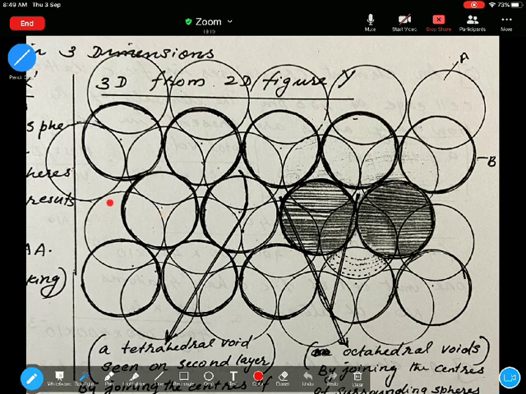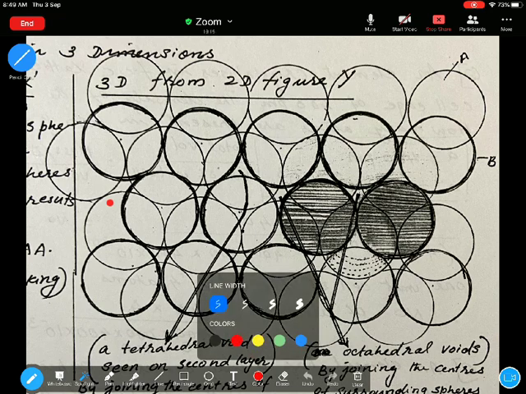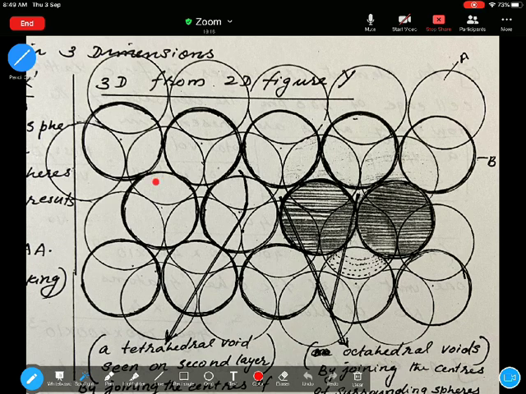So I'll be making it such that you will not be able to see that void. Now you see this red ball, all are red balls only now. This red ball is sitting on how many balls?